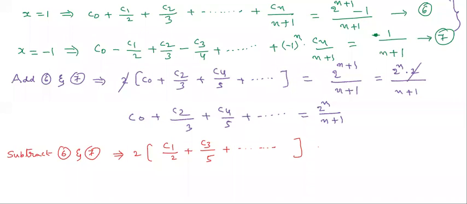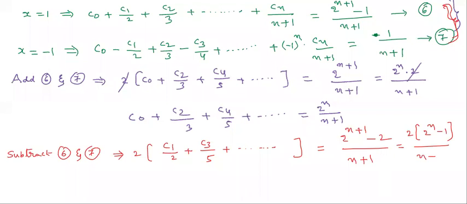Here a small correction, it is 4 only. That is equal to, subtracting 6 and 7, observe here, we get (2 power n plus 1 minus 2) divided by n plus 1. Left hand side 2 is there. In the right hand side, take 2 common: 2 power n minus 1 by n plus 1.